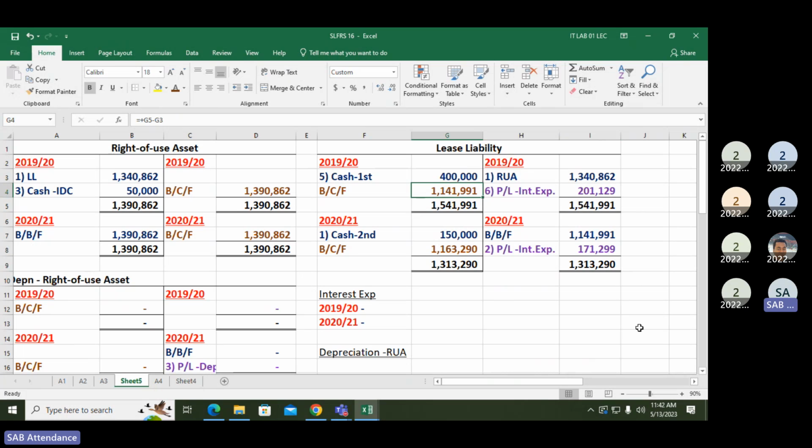The liability. Now we can show the interest. First year, 1,340,000 862 into 15%.